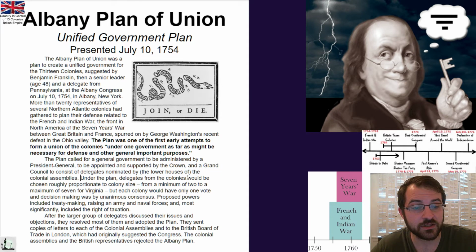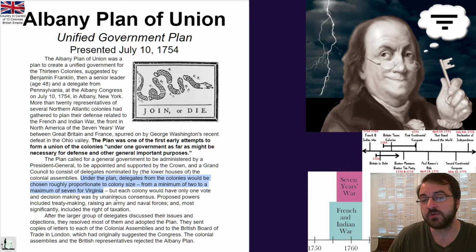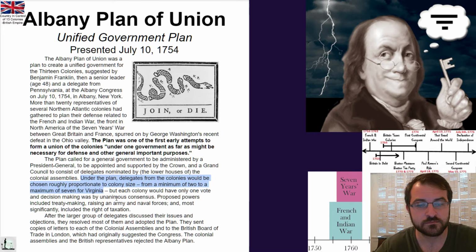Under the plan, delegates from the colonies would be chosen roughly proportionate to colony size, from a minimum of 2 to a maximum of 7 for Virginia. So every colony is going to get at least 2 people to have a voice for them in this meeting. But Virginia, since it has the most people at that time, would get 7 delegates.